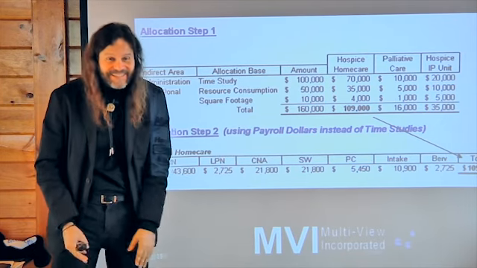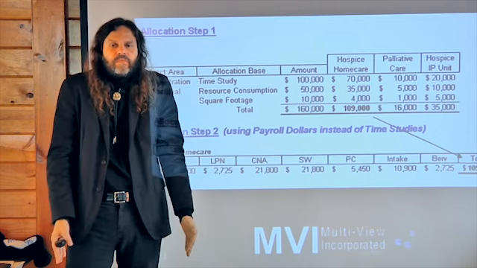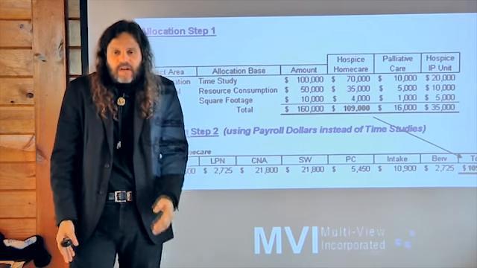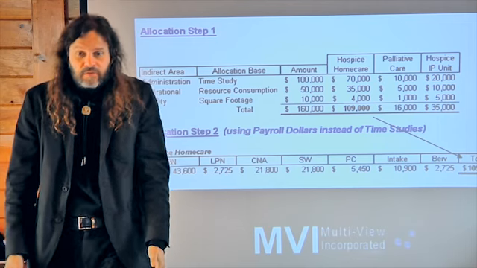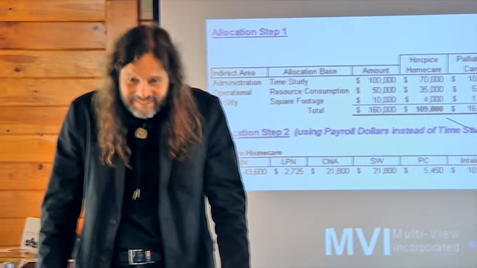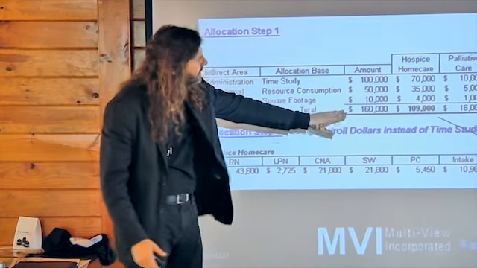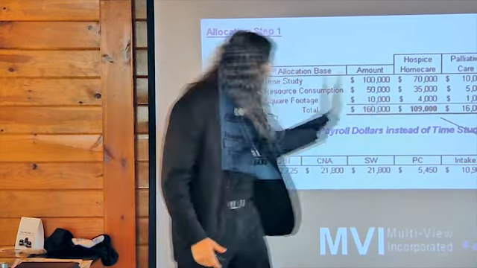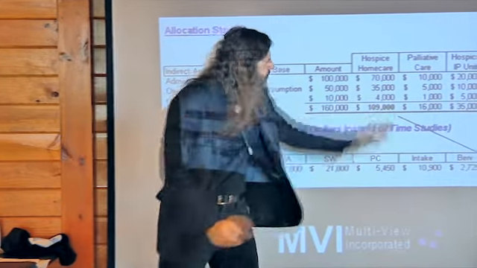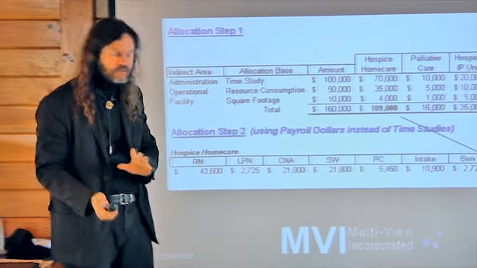Is it half your time focusing on this other thing? Time is your primary driver of resource consumption in a business that's dominated by human beings. So we take that 160 and we divide it based on whatever allocation base we have, and we come up with these different amounts attributable to the different business segments.